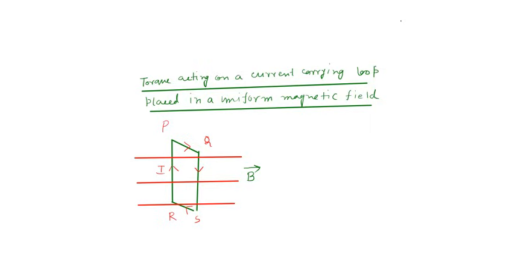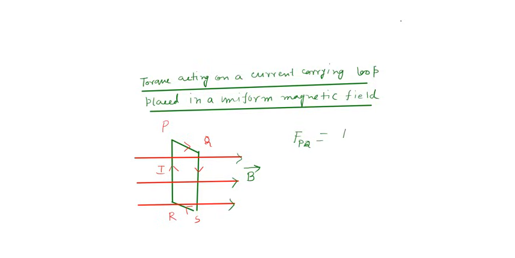So as you can see from here, if we want to find out the force on PQ, that is this top side, and RS, the directions of the currents are opposite, and they will always have the same amount of current flowing through them. So the force acting on them is given by, we know that force, FPQ, will be given by what?